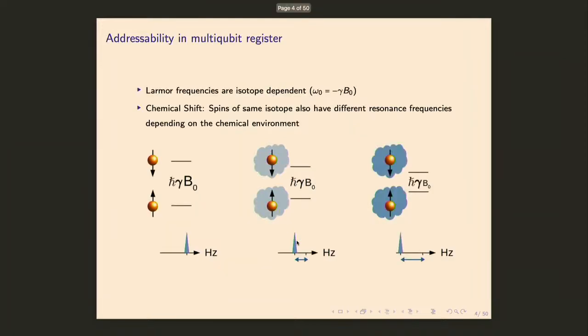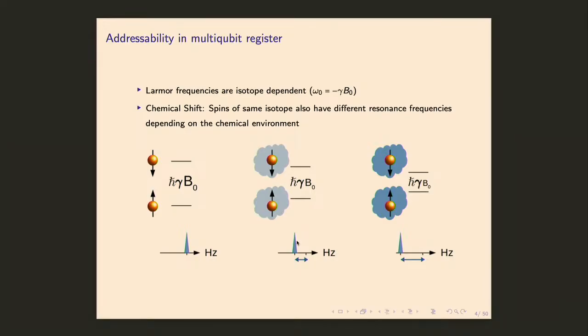Why is this interesting for everyone? Because nuclear spins are not isolated, they are inside the atom. Okay, so we are here considering the nucleus inside the atom, atomic nuclei.